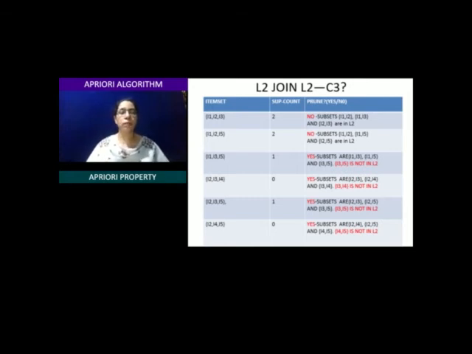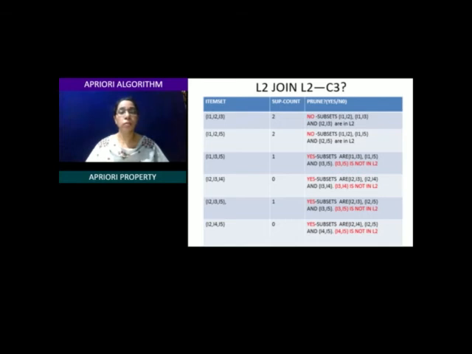Actually, we are not calculating the support count of these items. If they were included in C3 and we did not apply the a priori property, they would remain in C3 and get eliminated in L3. But here, before going to the step of L3, these items are removed in C3 itself by using the a priori property.